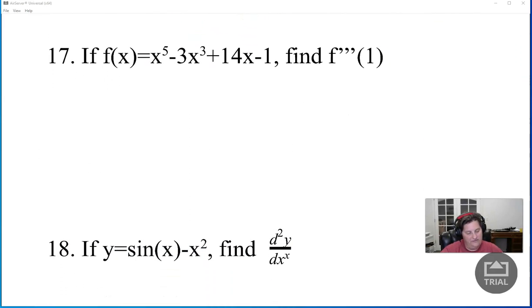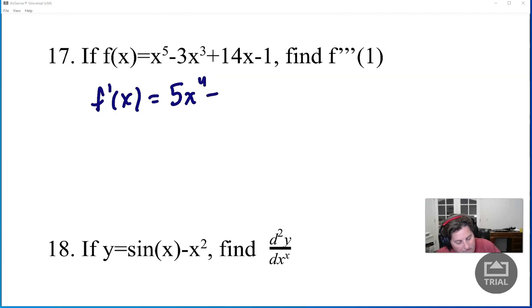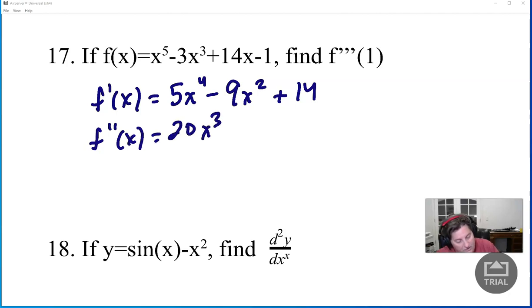All right, 17. We're doing an f triple prime. Let's go. Okay, my first derivative is 5x to the 4th times 9x squared plus 14. Or sorry, minus 9x squared plus 14. I don't know what it is. My second derivative is 20x to the 3rd minus 18x, and then that goes away.